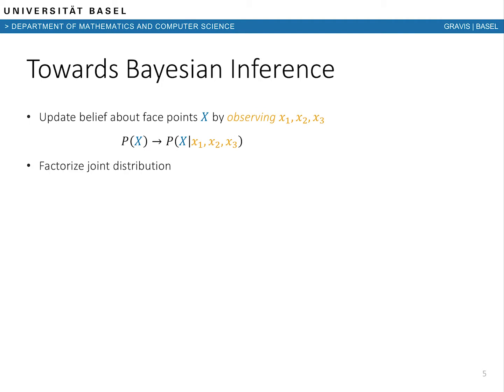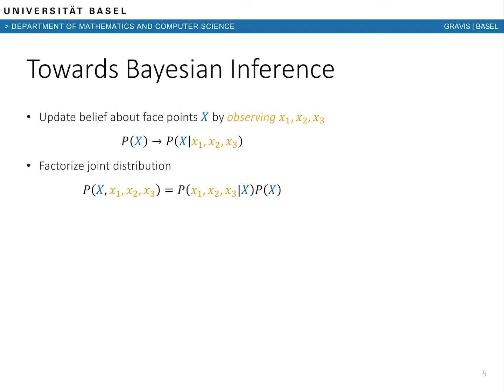In order to make it more accessible, we will now factorize the joint distribution into two factors. So given our joint distribution of all the points, we can factorize into these two factors where we have split it into a conditional probability and a marginal probability. This is just a basic operation of probability calculus.